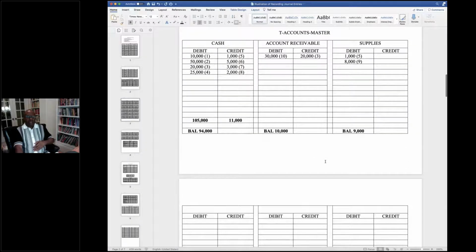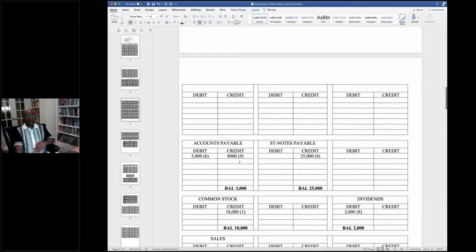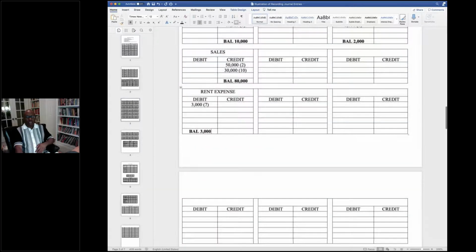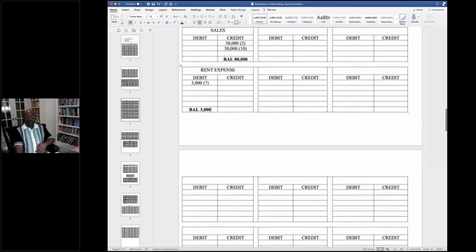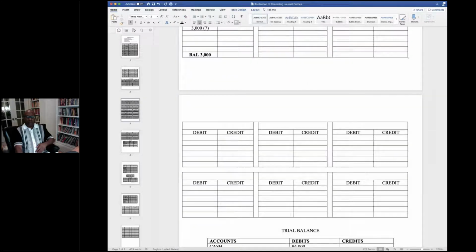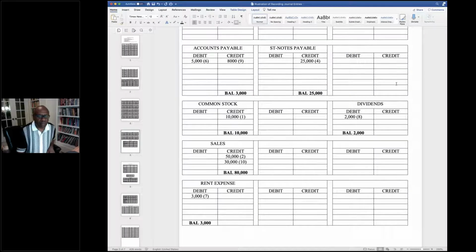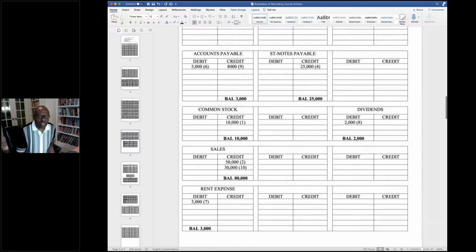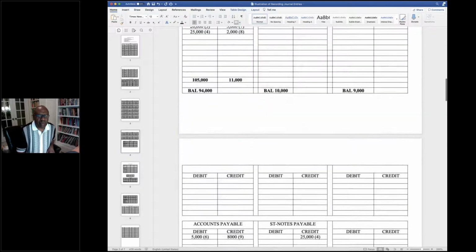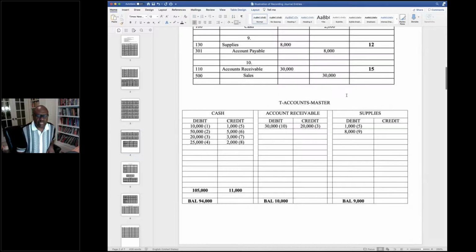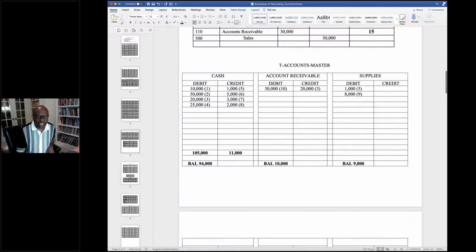To make sure there are no errors, such as where I had the incorrect amounts here, we prepare what's called a trial balance. We now move into, okay, we need to make sure that there are no mistakes in the balancing of our journal entries and what we came up with as the balance in each account.